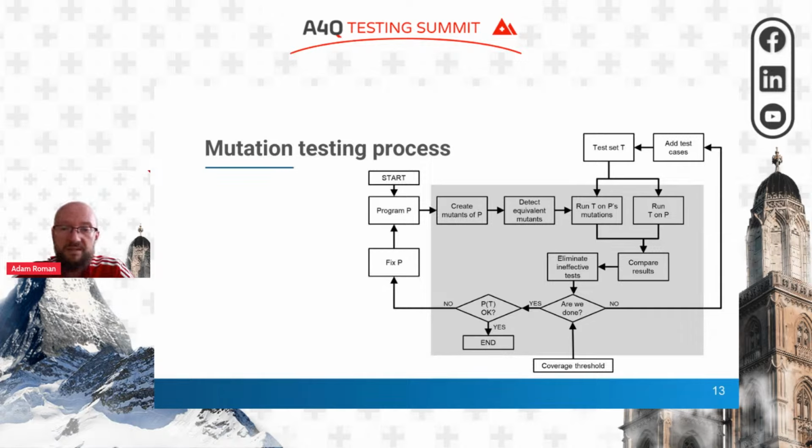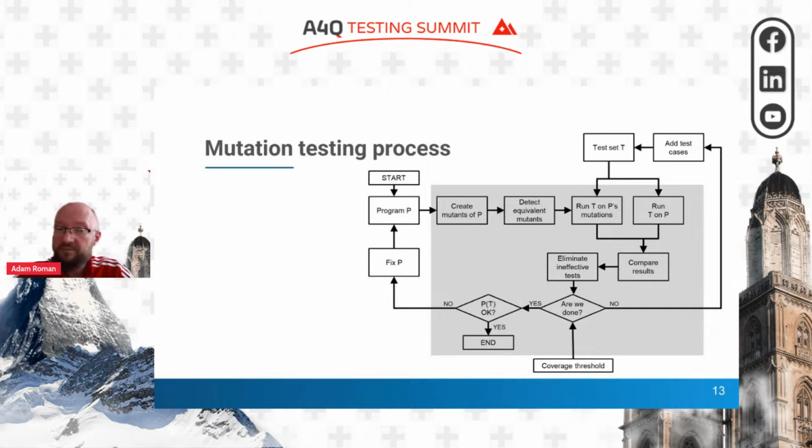And then we repeat this whole process until the desired mutation score is achieved. Mutation score is the percentage of mutants killed by our test cases. For example, we set some threshold like 90% mutation score, and if we achieve 90% of mutants killed, we end the process.